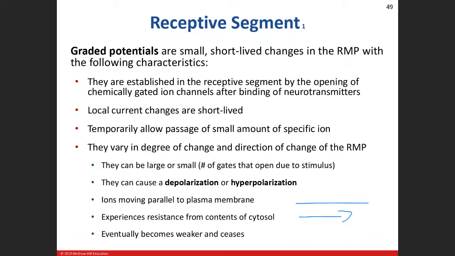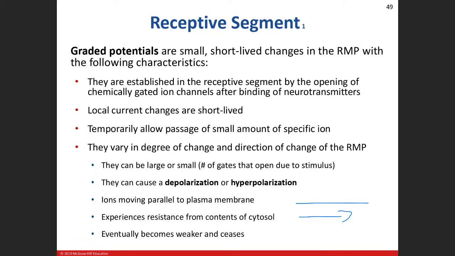Here's the problem. Think of a graded potential like throwing a rock into a very calm lake or a pond. Right where you throw it in, the ripples are big. But as they travel further and further out, they become less and less. Why is that?